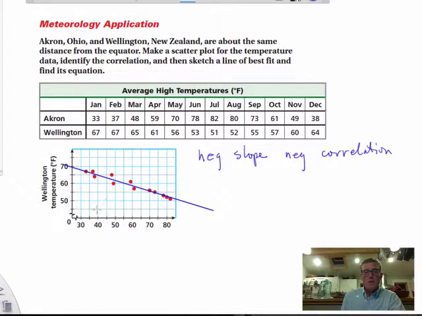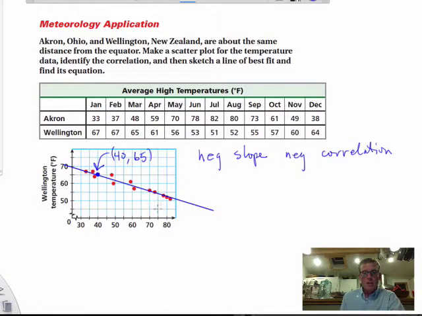And this is really handy because what it means is I can use points that are convenient for me. In other words, I can take a point that's right here, and that number is going to be exactly 40 in the x values, and then in the y values it's going to be 65. So that's this point right there.